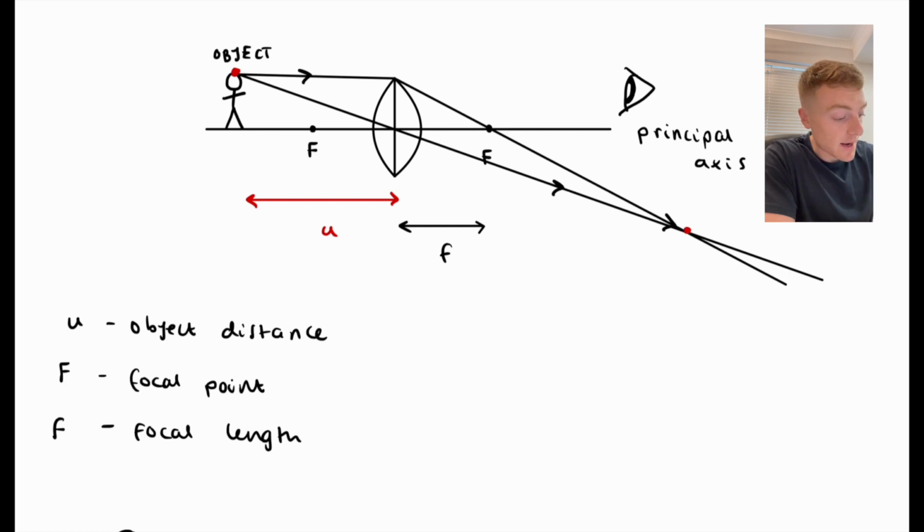Now, if I then carry on and draw a ray, let's say from the person's shoulders, it's going to go through, meet the center of the lens, get refracted through the focal point because that's my parallel ray. Let's draw a second ray from the exact same point going through the center. Now it's going to be completely unrefracted. We get a new point here, and that's where the person's body will be formed.